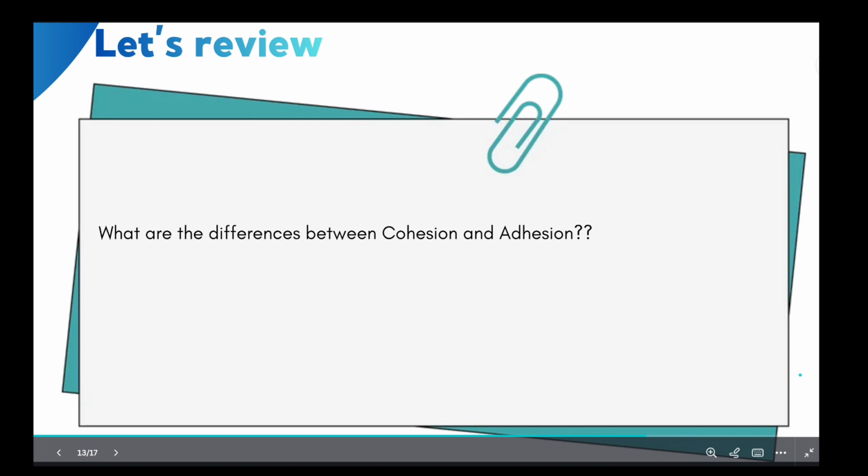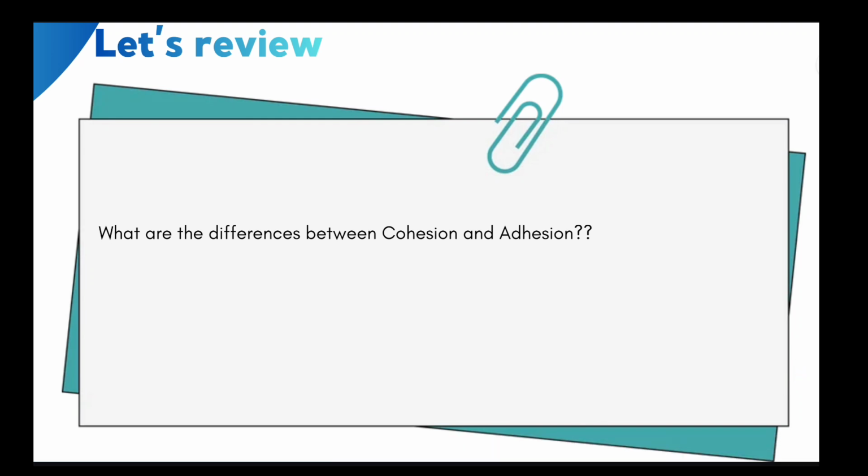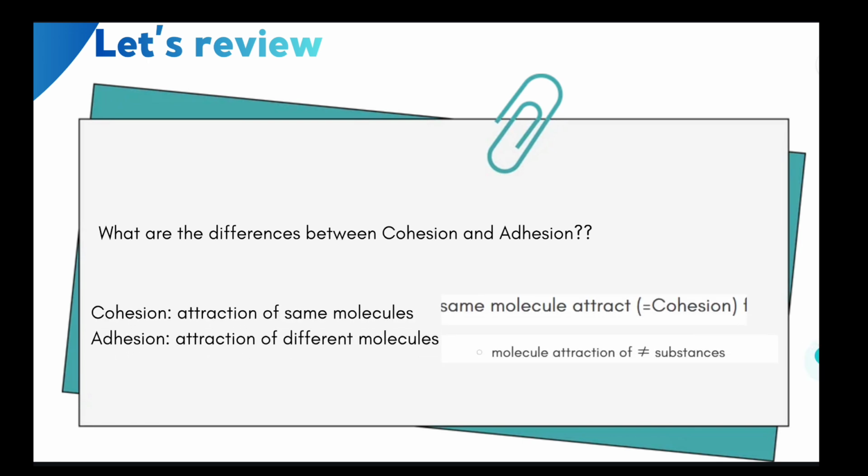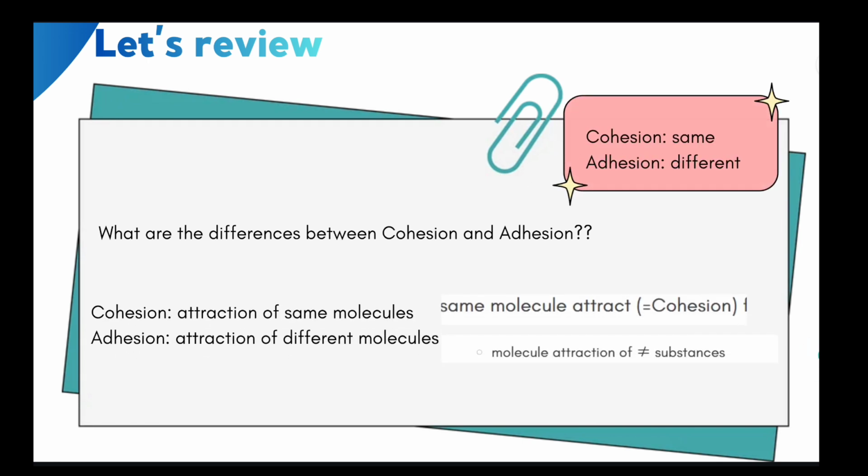Now let's review. What are the differences between cohesion and adhesion? Cohesion is attraction of the same molecules, and adhesion is attraction of different molecules. Think of co as co-working, meaning same, and ad as different.